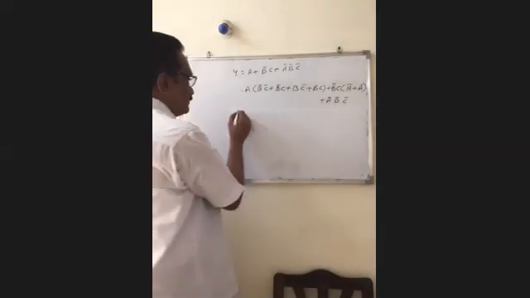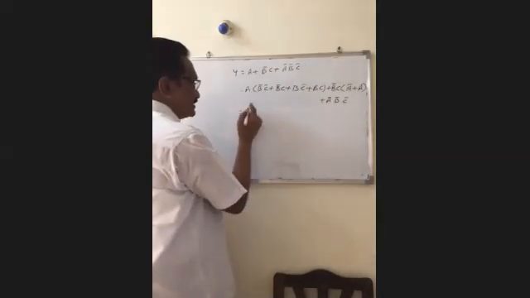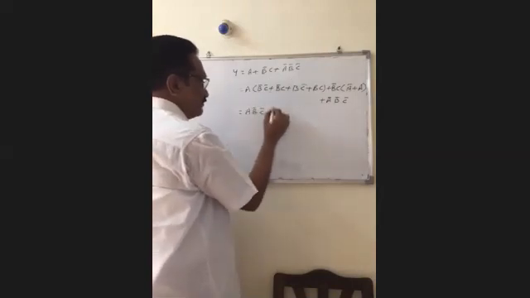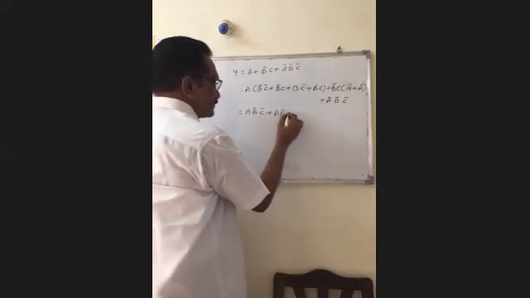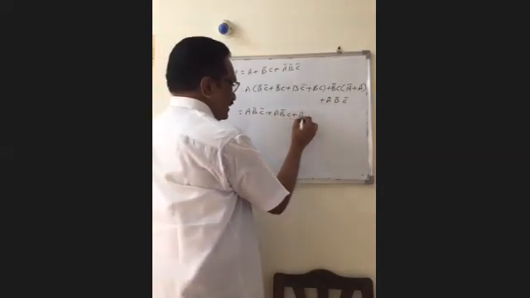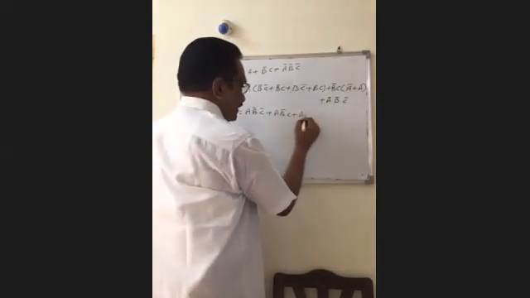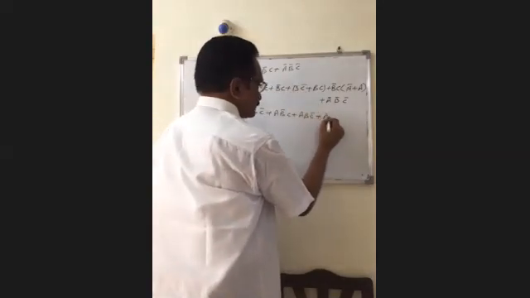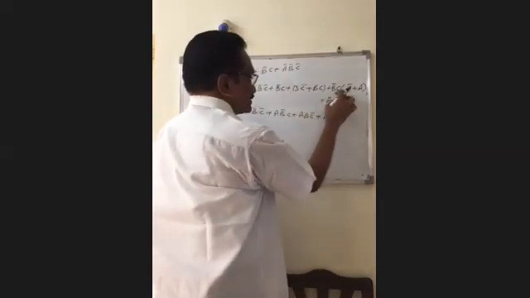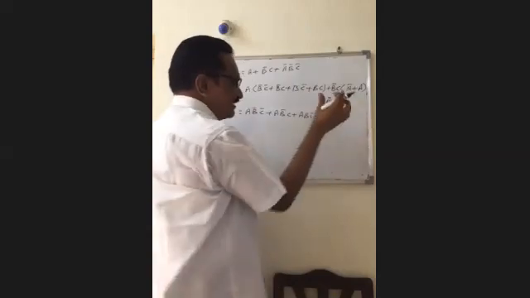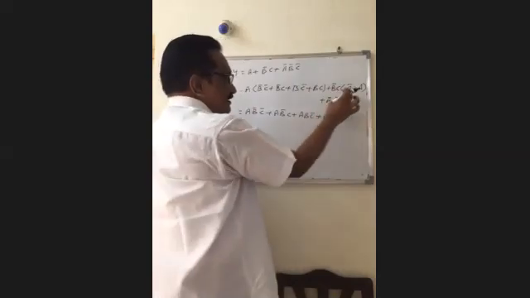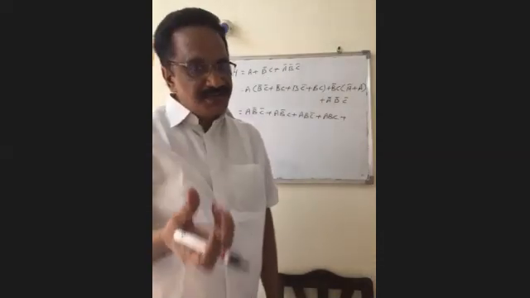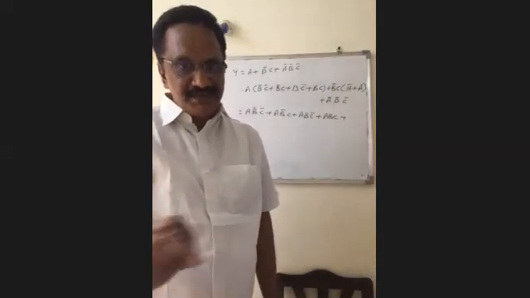In the next step, write a b bar c bar plus a b bar c plus a b c bar plus a b c plus b bar c a bar. For your convenience, out of these three variables a, b, c, a is the most significant variable and c is the least significant variable.